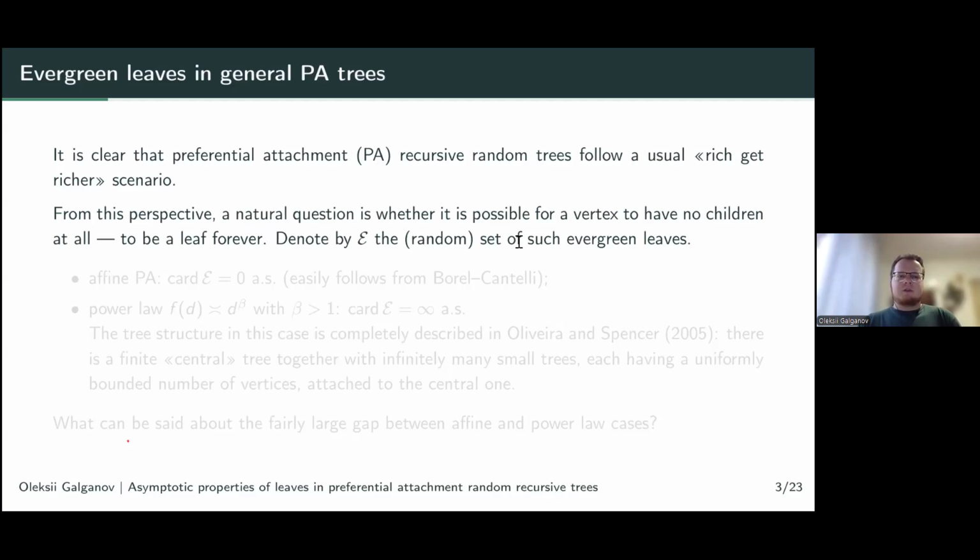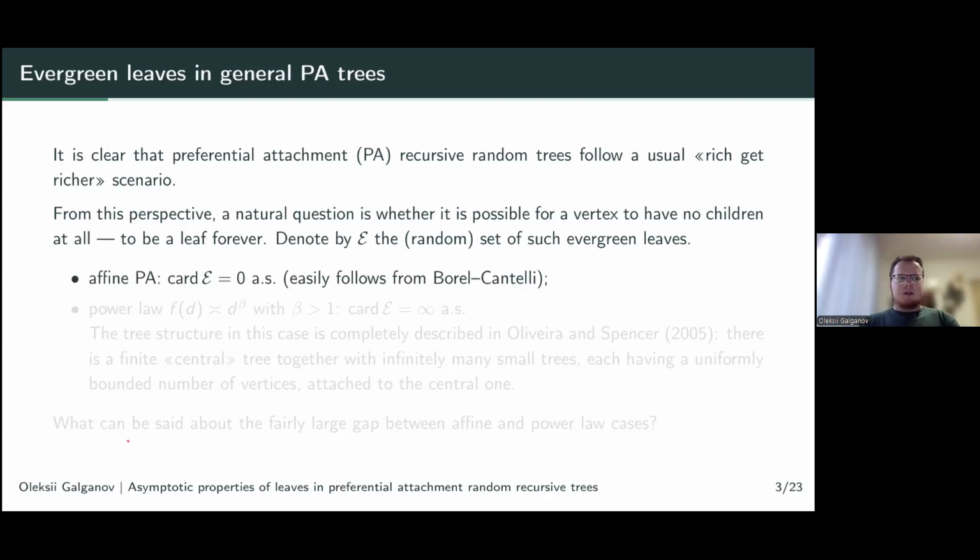From this perspective, a natural question is whether it's possible for a vertex to have no children at all, so that it is a leaf forever. Let's denote the set of such leaves, which we can call evergreen leaves, by the letter E.